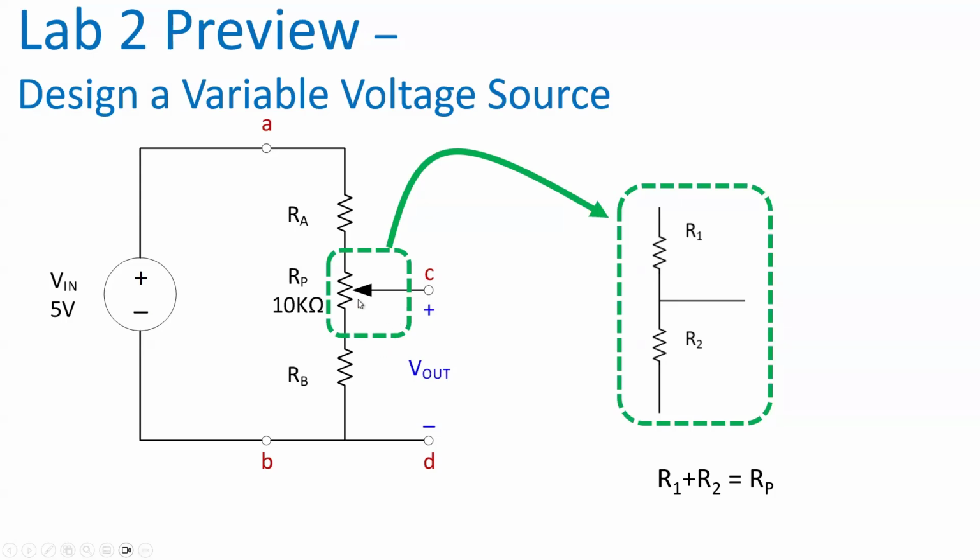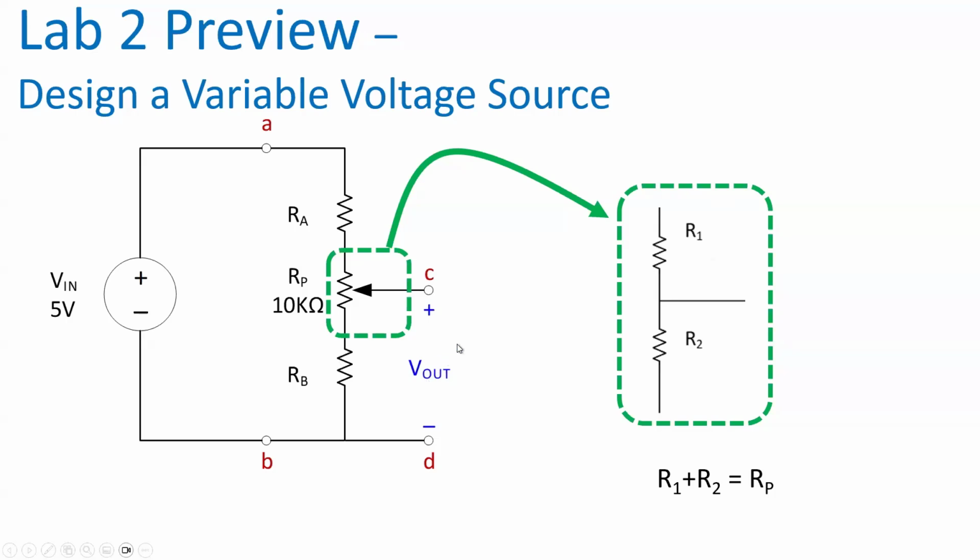Okay, and you know that when you turn the potentiometer all the way to the left, you're going to get one of these resistors 0. One of these resistors will be 10K. When you turn the potentiometer all the way the other direction, then those values swap. The other one is 0. The other one is 10K. And from that, you can get 2 equations, 2 unknowns to figure out RA and RB. RA and RB are the unknowns here to get that range of 1 volt to 2 volts.